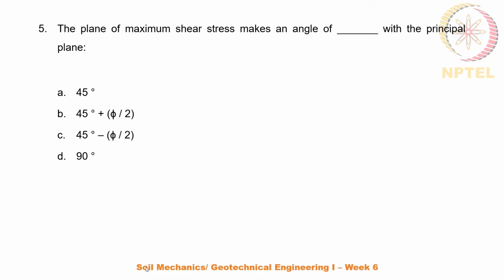Okay, so moving on to the fifth question. The plane of maximum shear stress makes an angle of dashed with the principal plane. So what is the angle between plane of maximum shear stress and the principal plane?